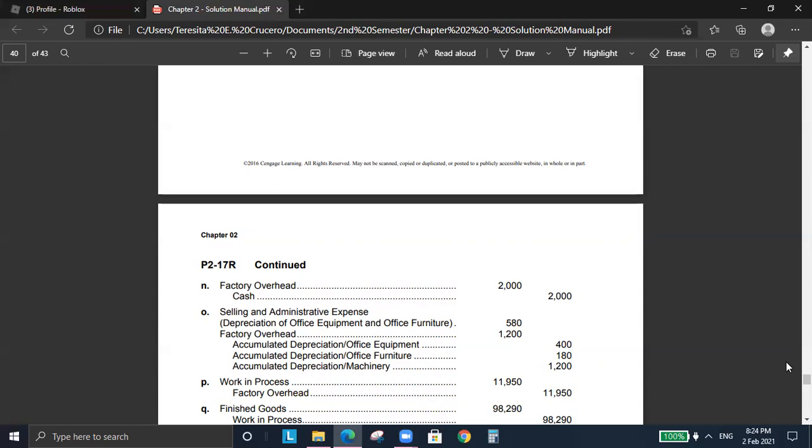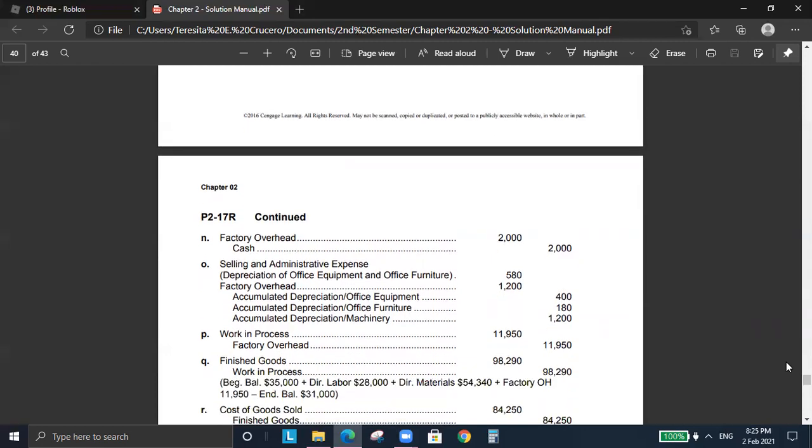So we now debit finished goods and credit work in process. Now we will find this amount in the T account for work in process. Cost of goods sold during the month 84,250.